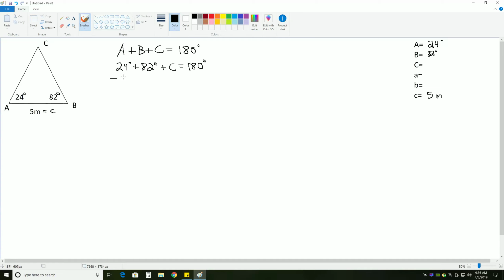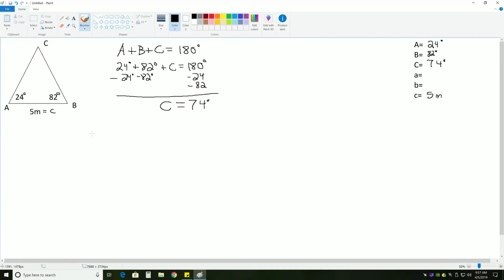So we're going to subtract 24 degrees and 82 degrees from each side, which leaves us with C equals 74 degrees. So we can plug that into our table now. And that just leaves us with two sides to solve for, side A and side B.